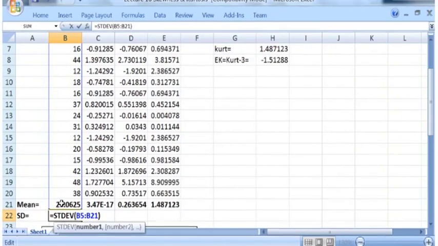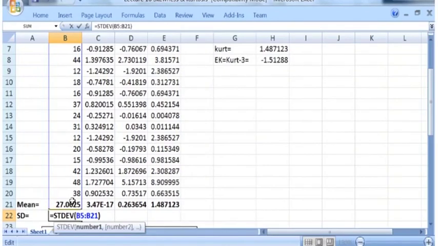So 17 minus 1, we get 16. There are 16 observations in our data, so we have added this additional observation, the mean, and now the denominator becomes 16, which is the same as the total number of observations in our data.